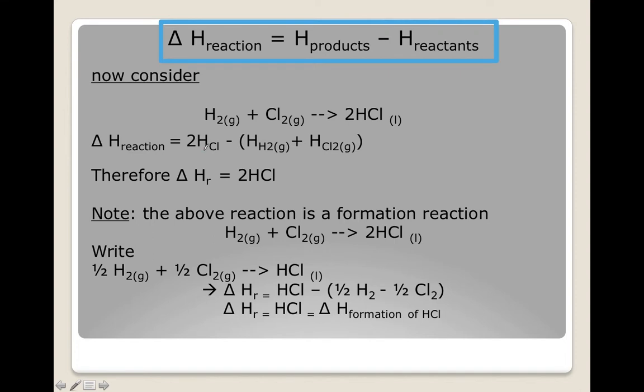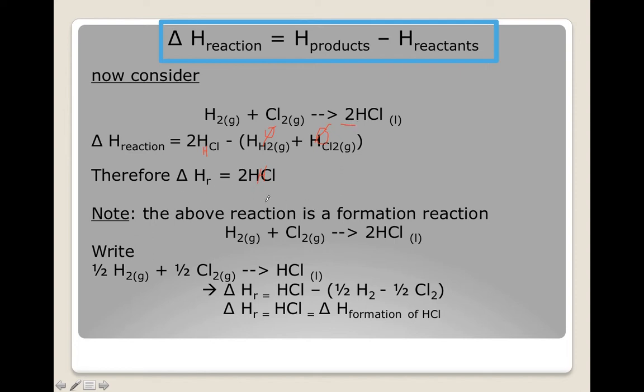This should be HCl. Here's your products minus all of your reactants. But what we know is that this is equal to 0 and this is equal to 0. So really the heat of the reaction, the change in enthalpy, is equal to the heat of hydrogen chloride times 2 because you get 2 of them in the reaction.